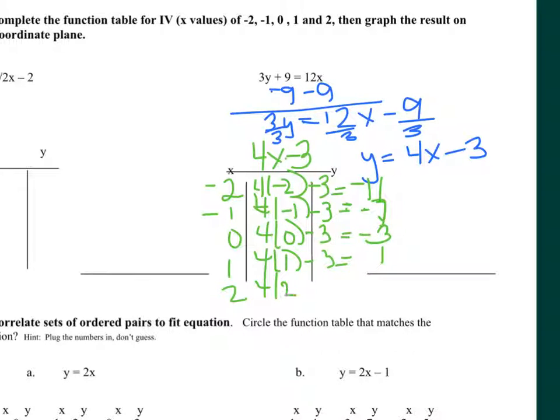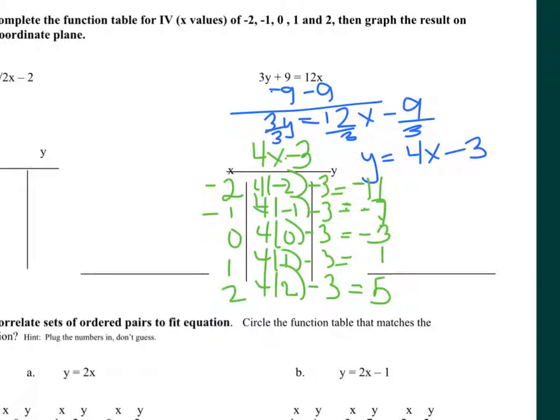And then finally, when x equals 2, 8 minus 3 is 5. So we have coordinates of negative 2, negative 11; negative 1, negative 7; 0, negative 3; 1, 1; and 2, 5.